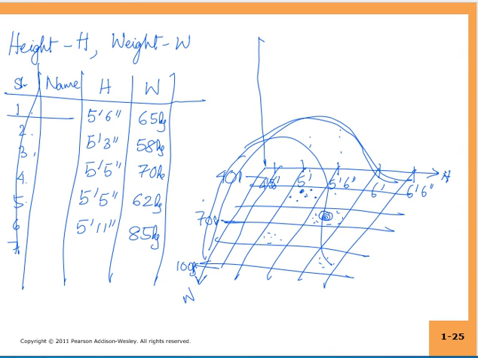So, can you visualize it now? It is like a hill on top of this two-dimensional axis, and the height of the hill will be highest where you have the most common values of both height and weight, and the bottom of the hill will be those places where it is less likely to find that combination of height and weight.